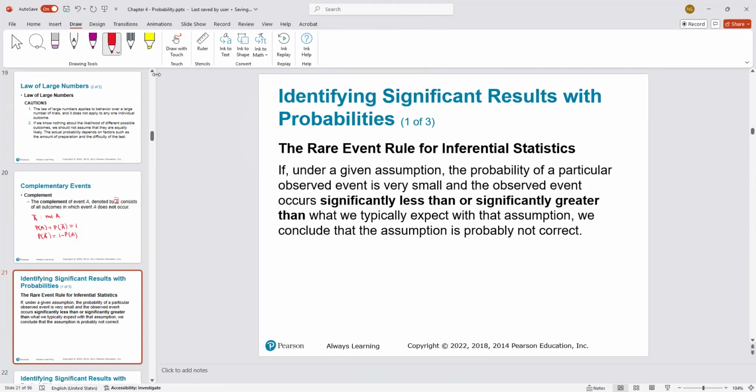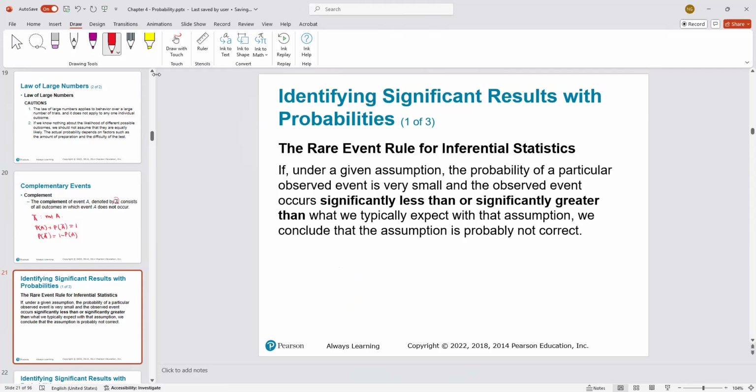If, under a given assumption, the probability of a particular observed event is very small, and the observed event occurs significantly less than or significantly greater than what we typically expect with that assumption, we conclude that the assumption is probably not correct.